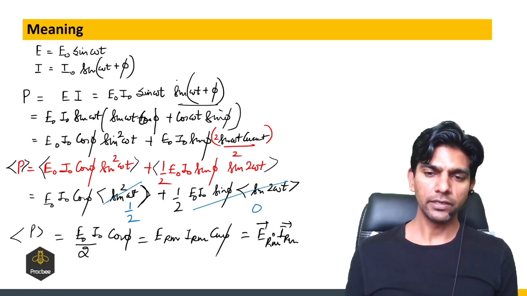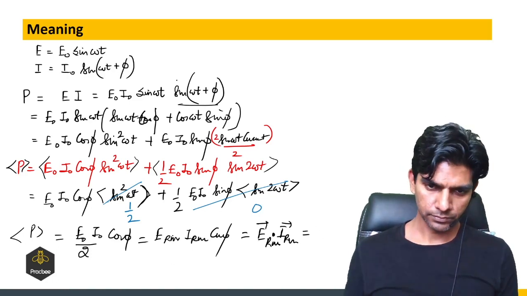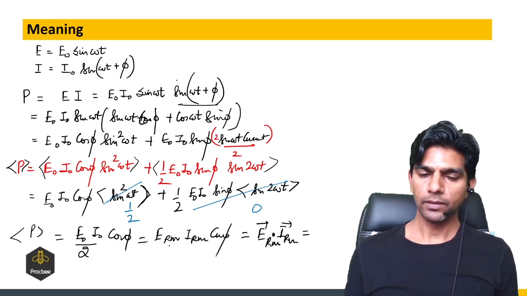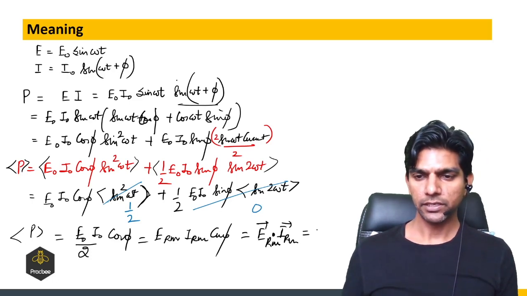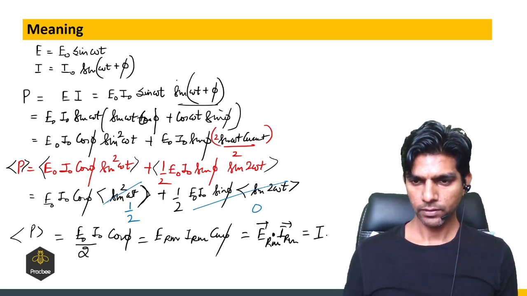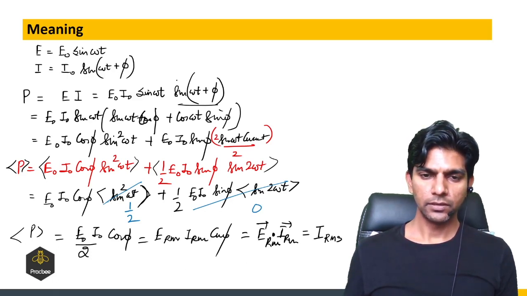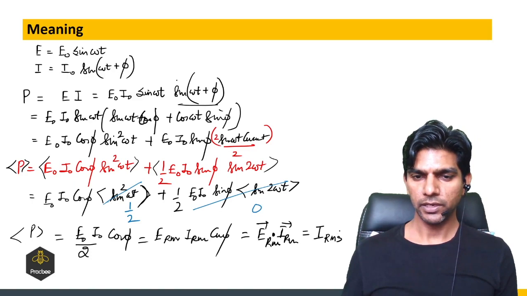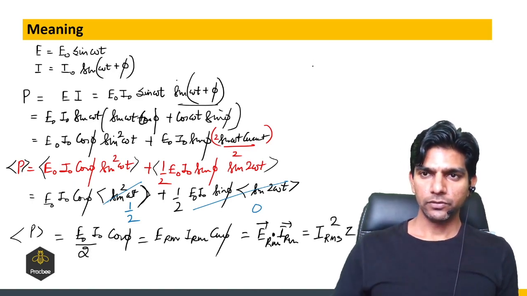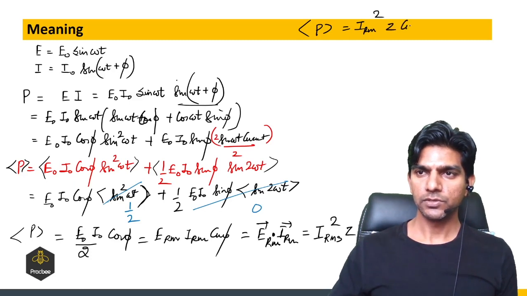Or we can also write E as I times impedance. So it will be I RMS square times impedance times cos phi. Let me write it over here so that you will be able to see. So average power will be I RMS square impedance times cos phi.